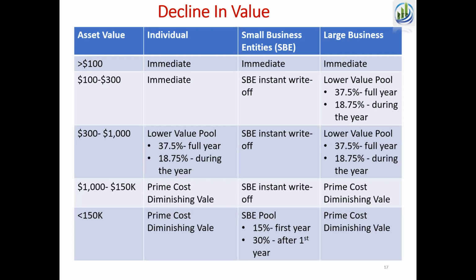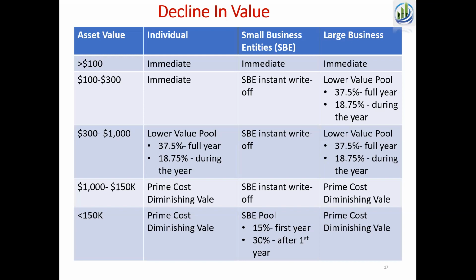If you are over $150,000, individual again prime cost or diminishing value. The small business entity goes with the small business pool. First year 15%, then 30%, right? The full year 15%, then 30%. The large businesses have only the option of prime cost or diminishing value.